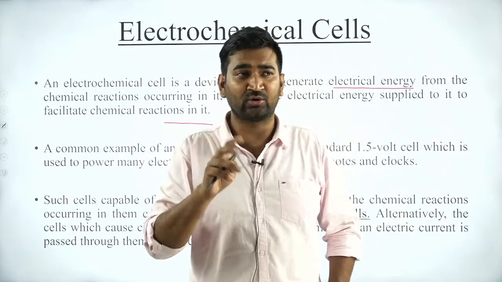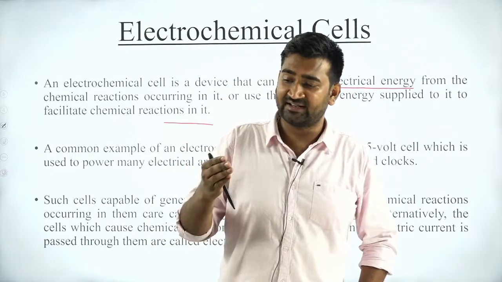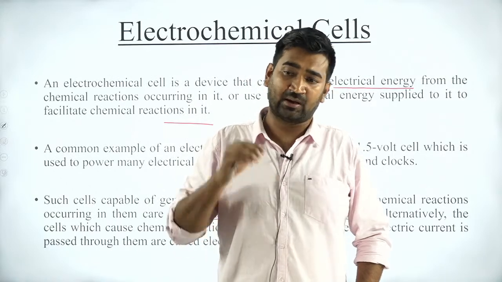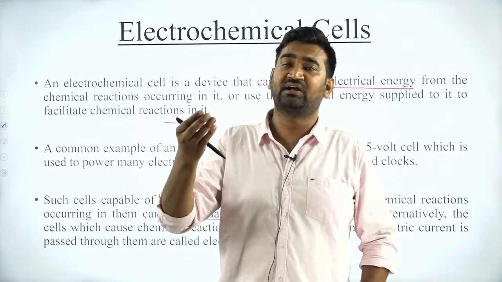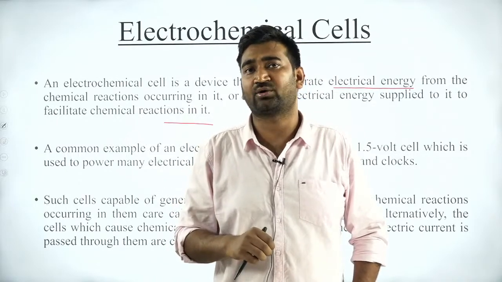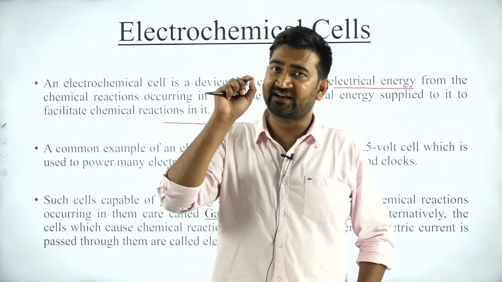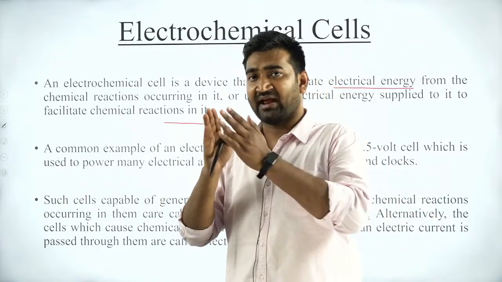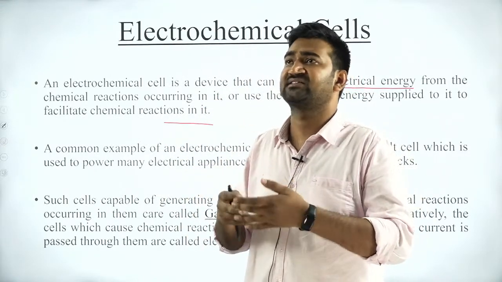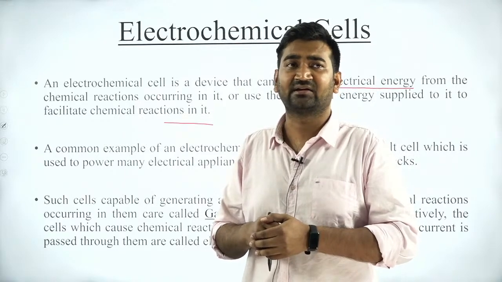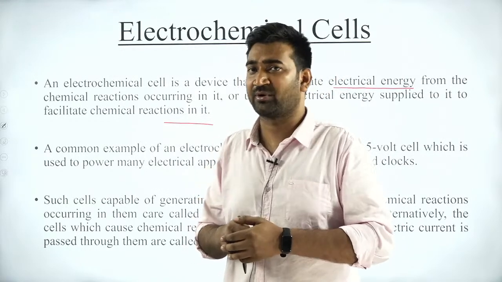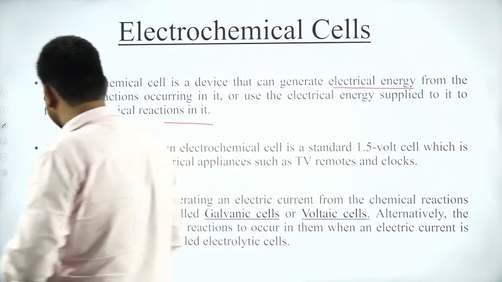So there are two types of cells. One is called galvanic cells, where we have chemical reaction converting to electrical energy, and the second type is called electrolytic cells, where electricity is passed and then at the anode and cathode some things are getting deposited, some gas is getting liberated, like that the things are happening. So that is how we have to proceed in these particular cells.